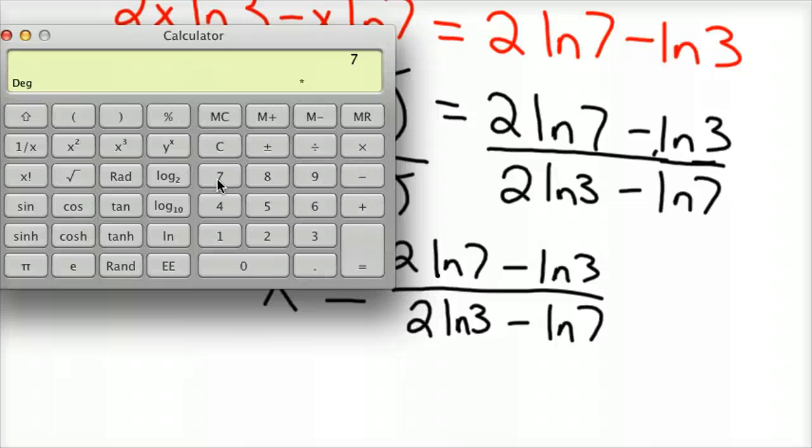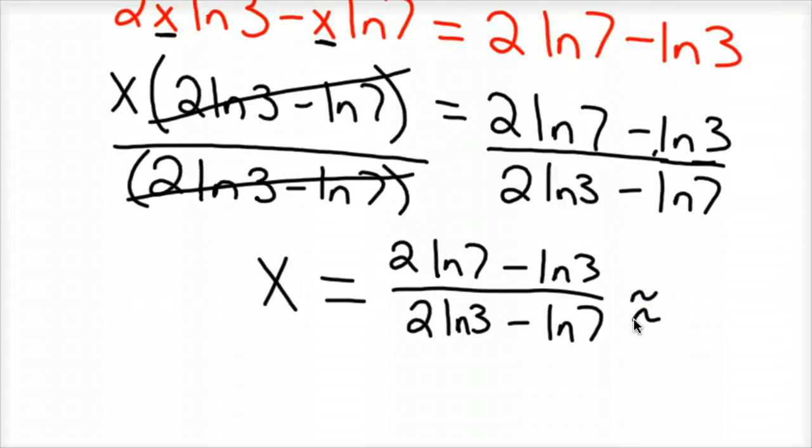So 7 natural log, minus 3 natural log, equals, so on the top we should have 2.79321. Then we're going to divide that by the bottom stuff.